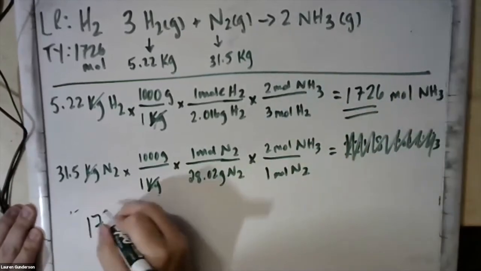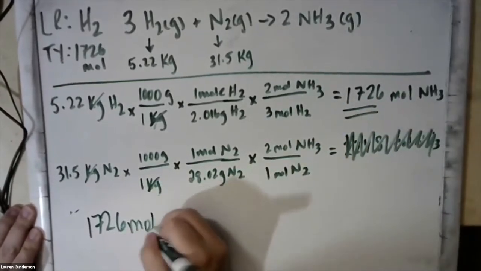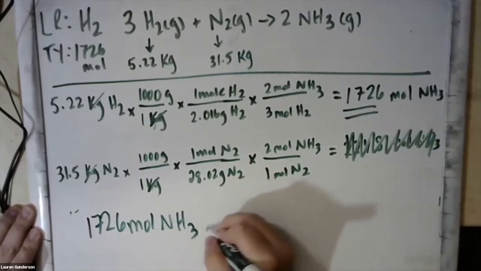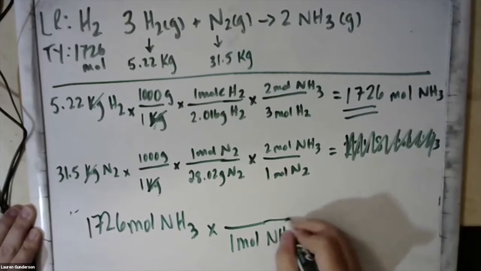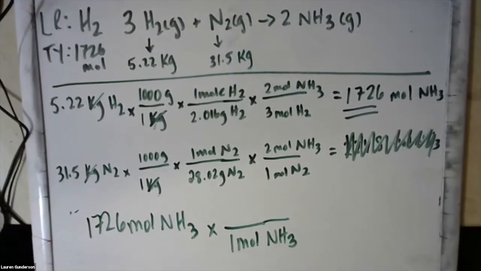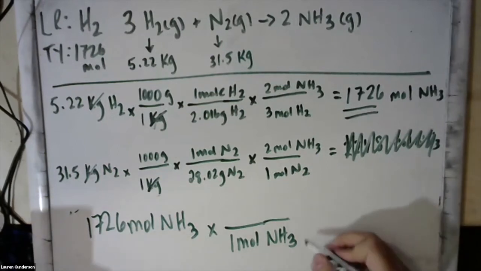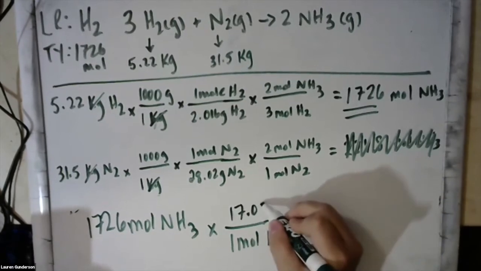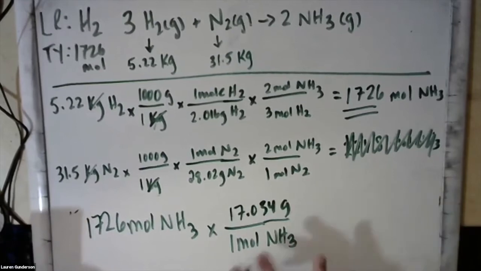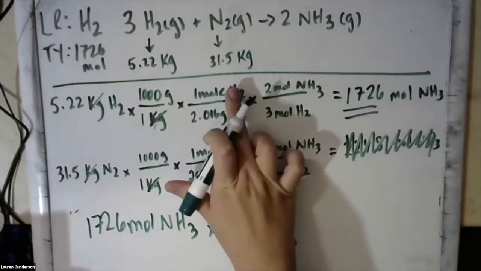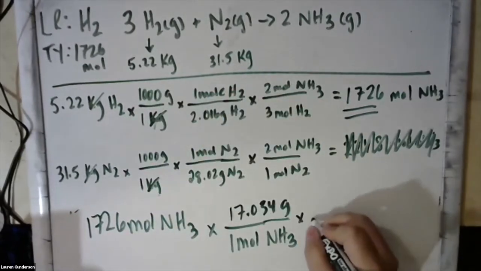So we have 1726 moles of ammonia. And 1 mole of ammonia, we have... okay. It's going to be a very big number, so I'm going to convert it into kilograms so it's more similar to the numbers that we started with.